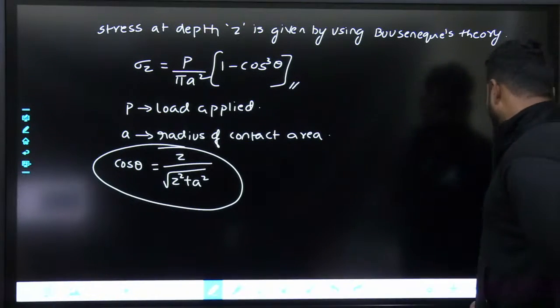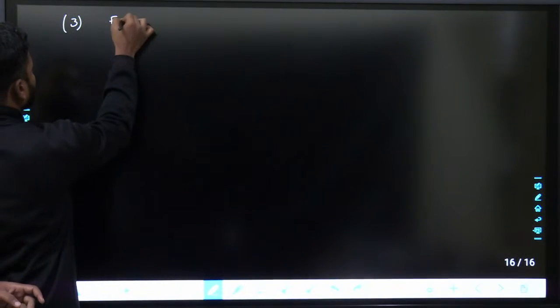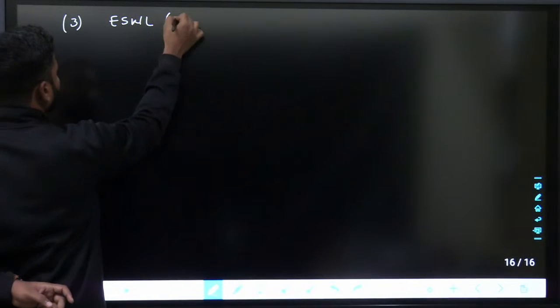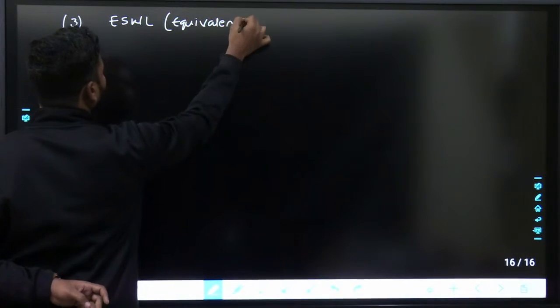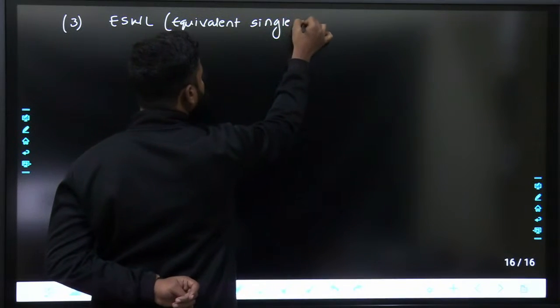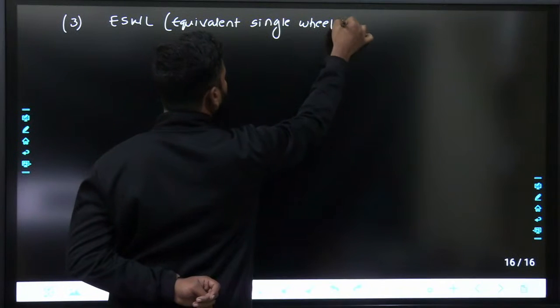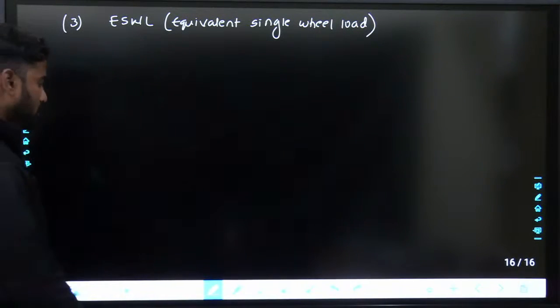Fine. Next one is ESWL, Equivalent Single Wheel Load.